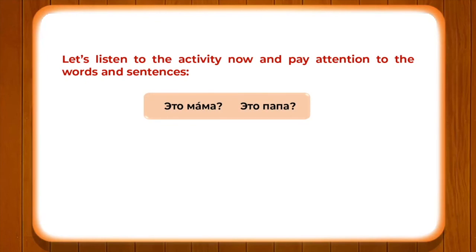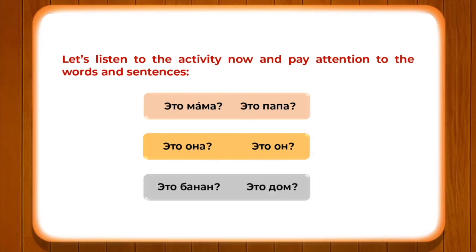Это мама, это папа, это она, это он, это банан, это дом. In all these sentences which I just pronounced, the tone is going higher at the end. Why? Because I am asking a question. Это мама, это папа, это она, это он, это банан, это дом.